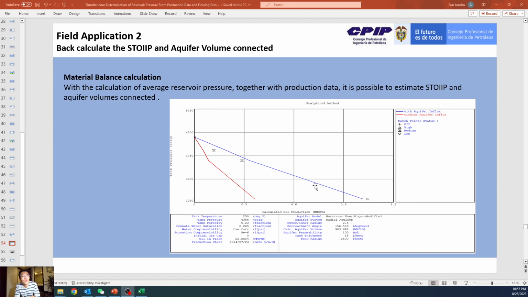Further application 2. Back calculate the STOIP and aquifer volume connected. In the material balance calculation, we need a representative average reservoir pressure, at least 3.